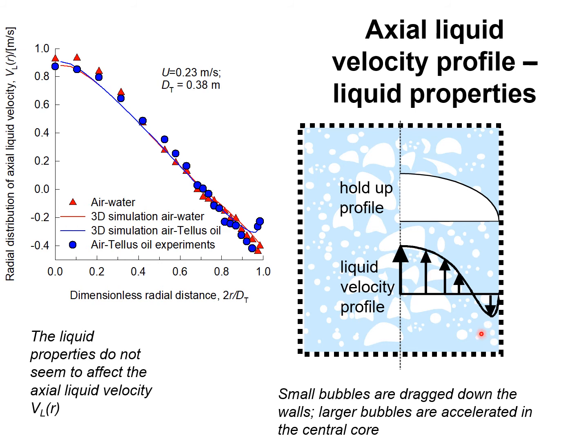So if we visually look at the bubble column experiments from the outside, we see small bubbles being dragged downwards by the liquid velocity profile. The liquid upflow in the central region has the effect of accelerating the larger bubbles up through the central core region.